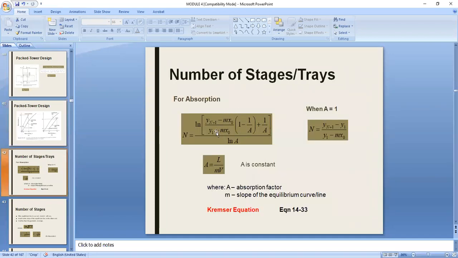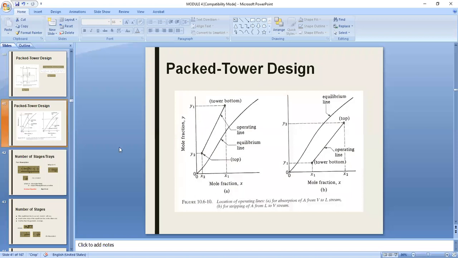X0, of course, is the liquid phase mole fraction of the solvent. Okay, X0 is for the solvent. What is this A? That is the absorption factor, the gas absorption factor, with the value equal to L over V divided by M. Now, if you have a curve, automatically, class, even if sometimes, if you could remember, I suggested that even if you have drawn your operating lines, you could see that it's straight. But you're not certain that in between your operating line would be straight through and through.